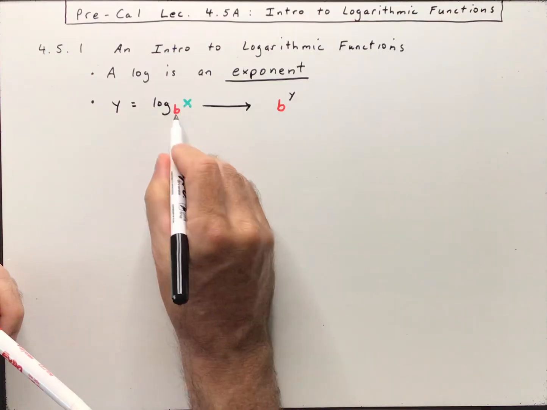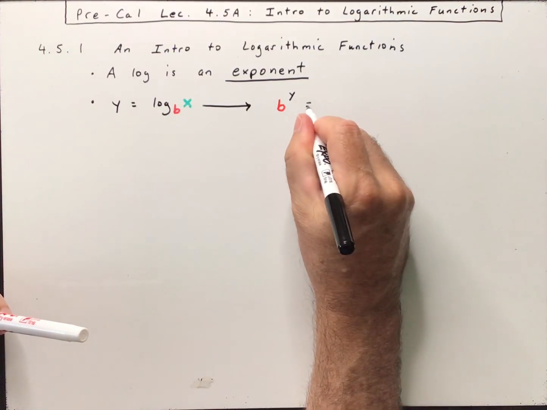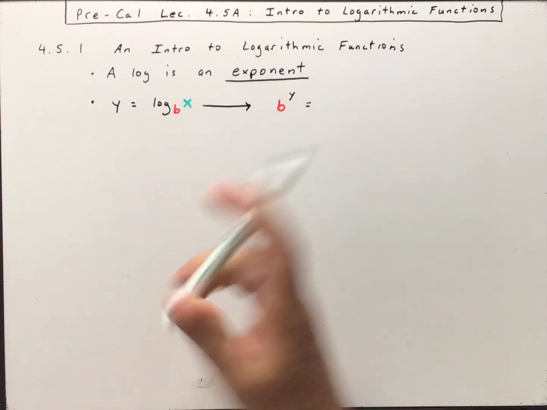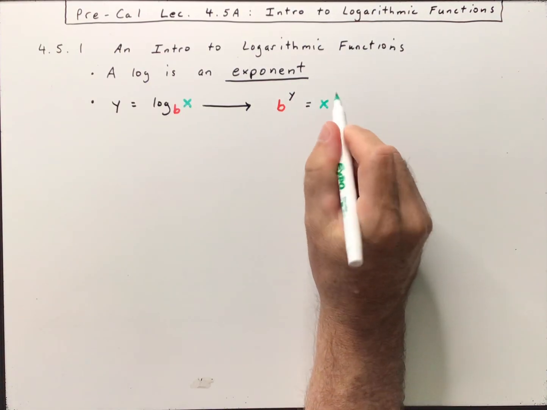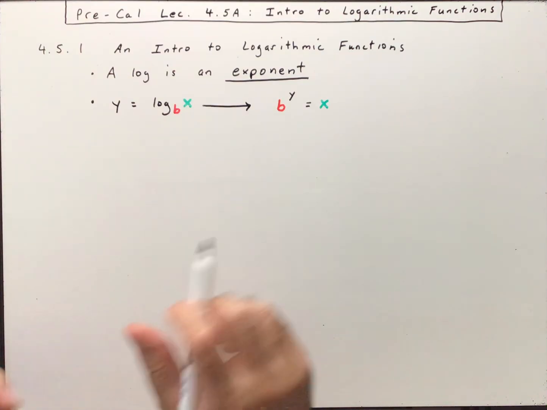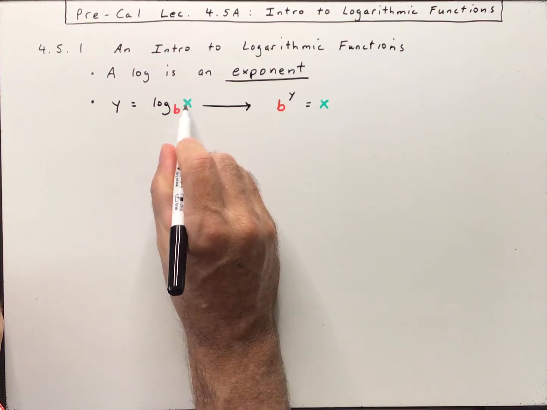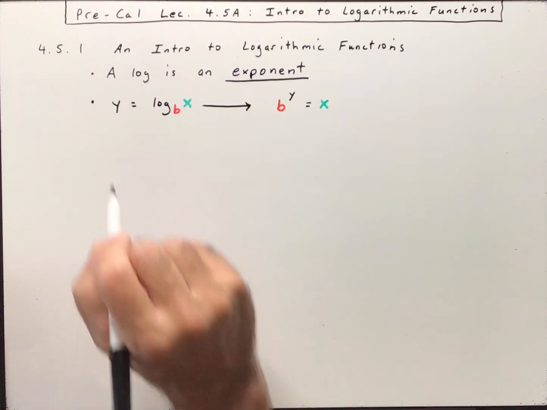Okay, b the base, b to the y is equal to x. So I kind of think of it as a visual pattern. B to the y is equal to x. All right?